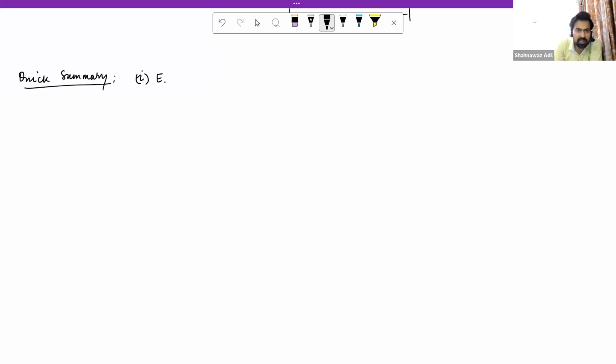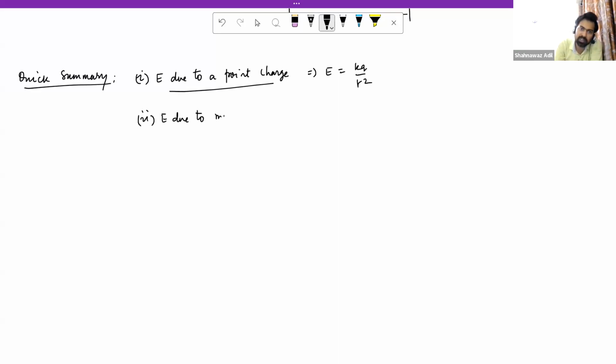Electric field due to a point charge, this was simply kq by r square. And then we discussed what would be the electric field due to multiple charges. This is simply E1 plus E2 plus E3 and so on, because the electric field is a vector quantity.